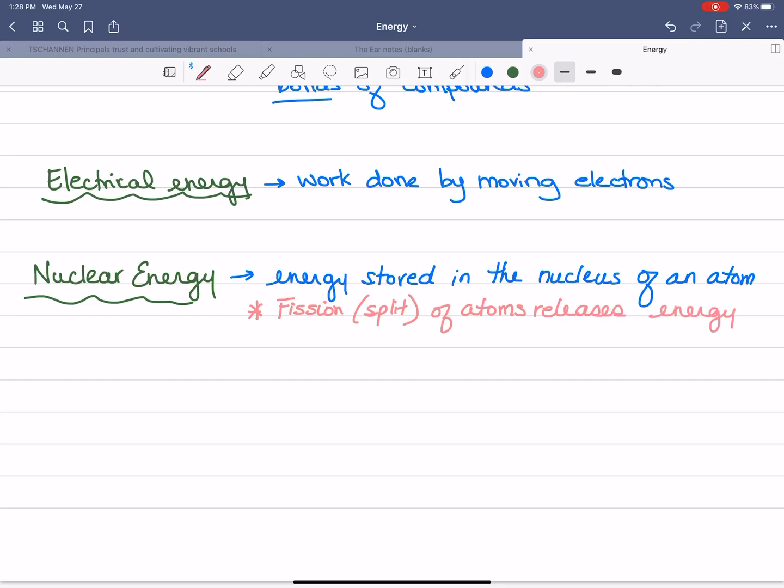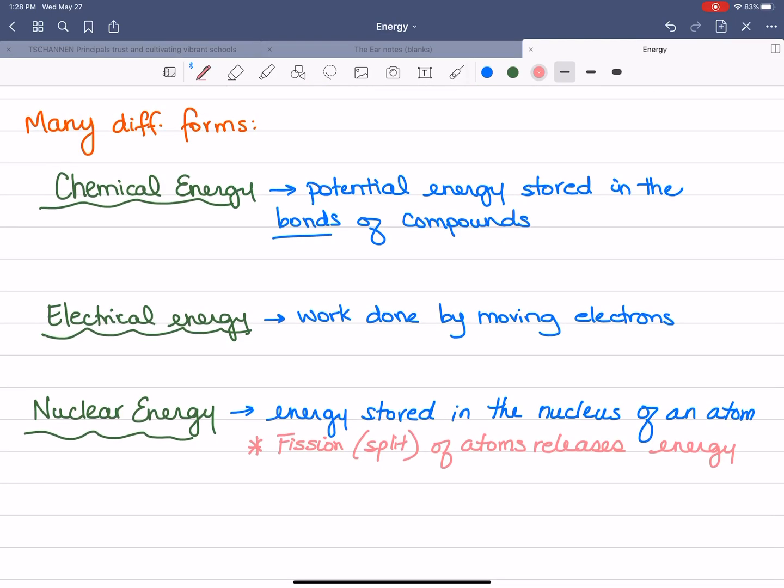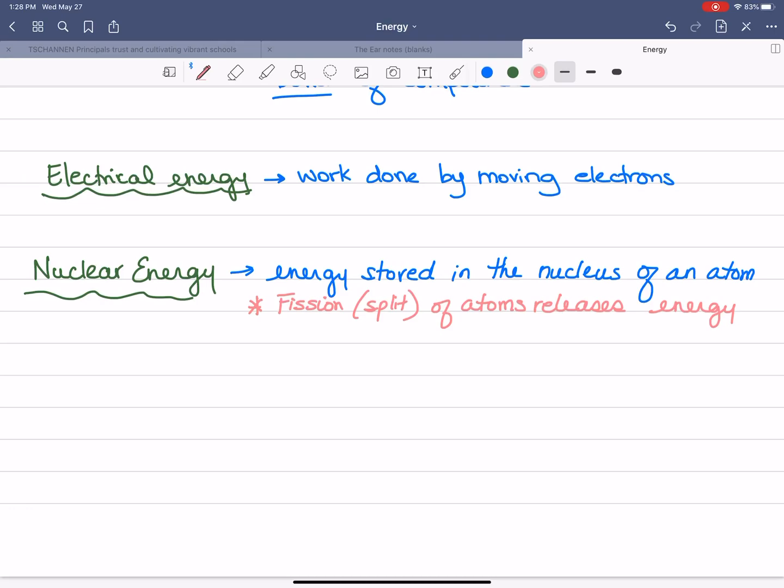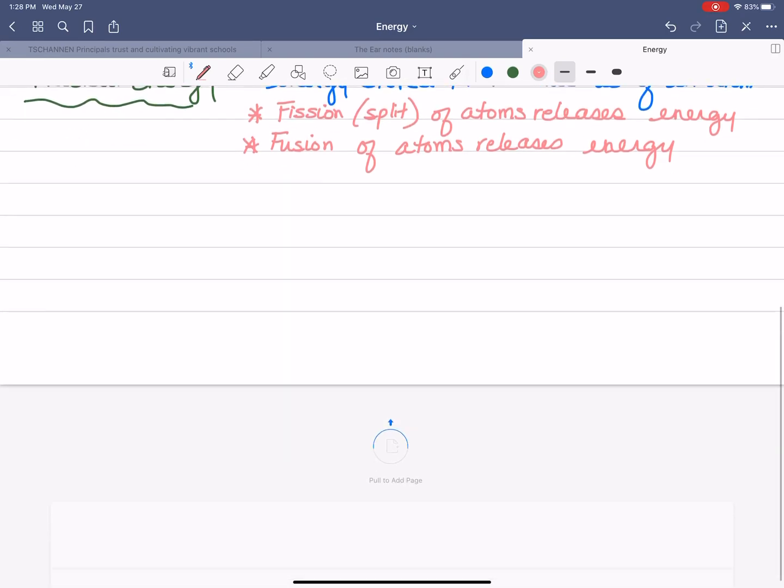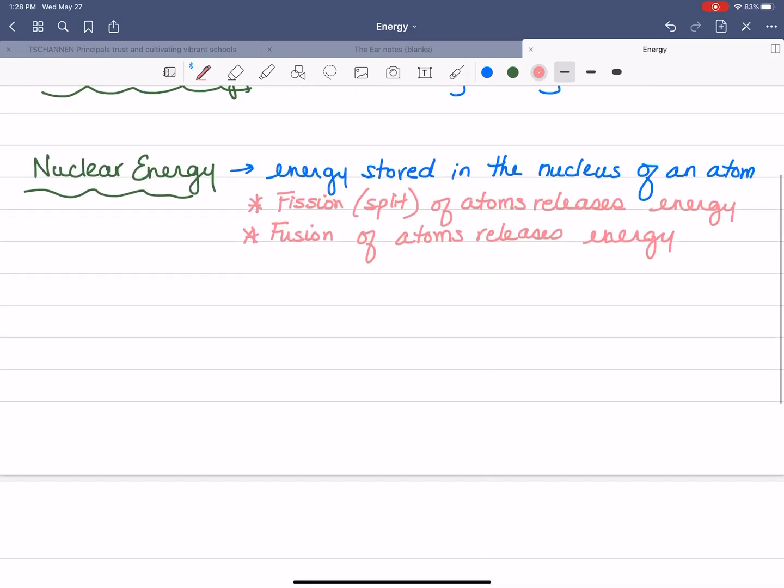So we know that splitting the atoms will release energy for the same reason as the splitting of bonds. So we have that energy that can be released. And then we have also the fusion. Fusion means to combine. So firing atoms at one another can cause them to fuse together, and when they combine, they can also release energy. So that's nuclear energy.